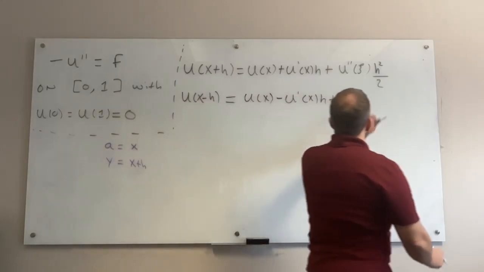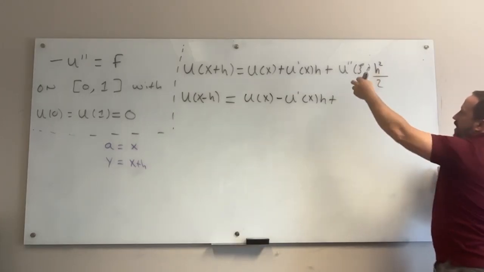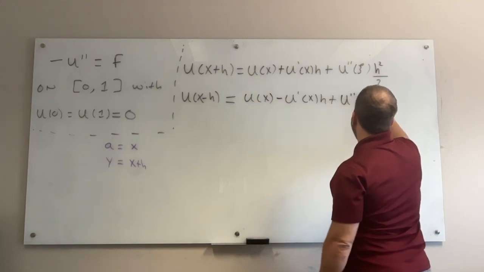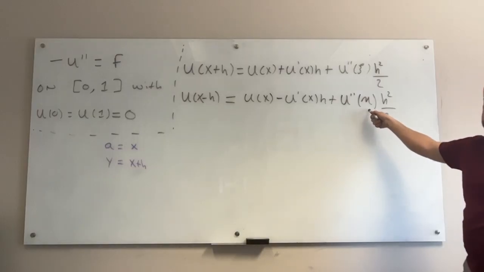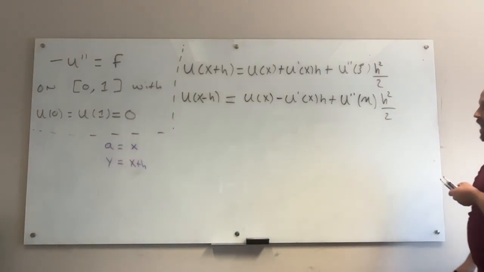And then over here, that h as well is going to be minus h. But minus h squared is just h squared, so it's going to be plus u double prime of eta times h squared over 2, where eta is some number between x minus h and x.